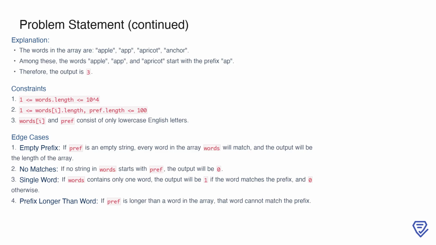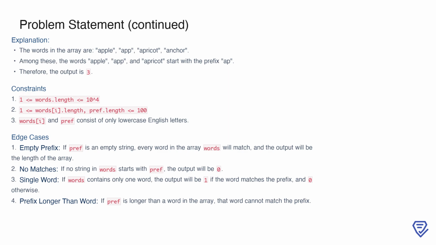Lastly, let's review the third example. The input array is words equals [apple, app, apricot, anchor], and the prefix is pref equals "ap". Among these words, apple, app, and apricot all start with the prefix "ap", while anchor does not. This gives us a total of 3 matching words. Therefore, the output for this example is 3.